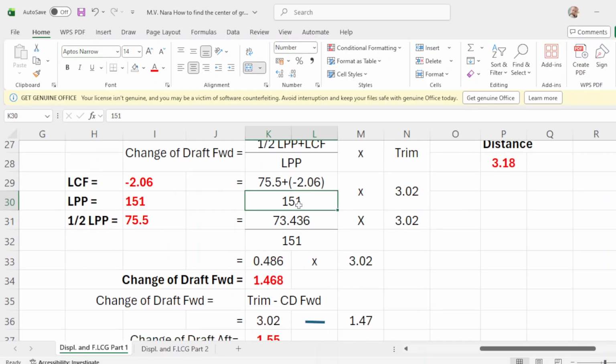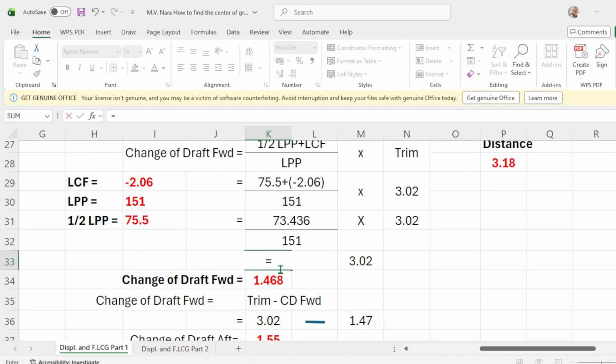You divide this one first, then put equals, divide by 151, then you will have 0.46. Multiply with your trim, equals, and your change of drop forward will be 1.468.